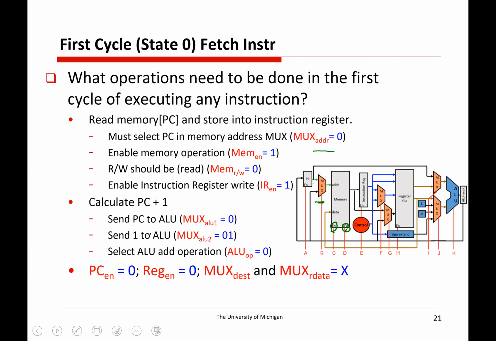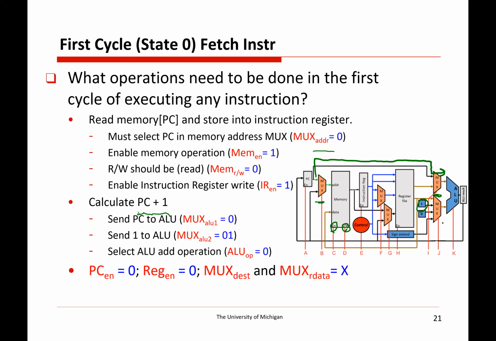And then we also need to calculate PC plus 1 at some point. We could think about, since this is multiple cycles, could we do this later? We'll see. It's going to be a bit cleaner if we do this now because nobody else is using the ALU right now. So we'll also send the PC all the way down to the ALU. We'll have to make sure that this MUX is reading the top inputs. We'll set the ALU to add numbers along with the value 1.